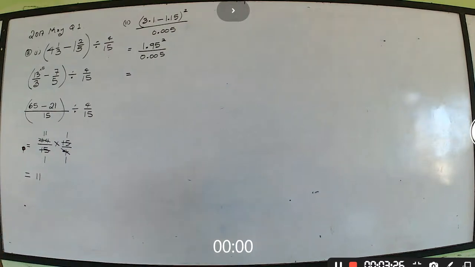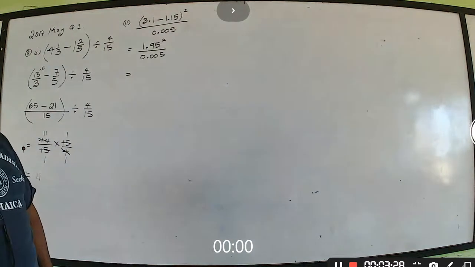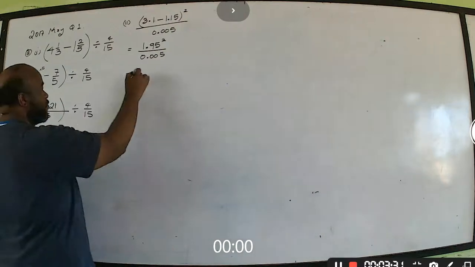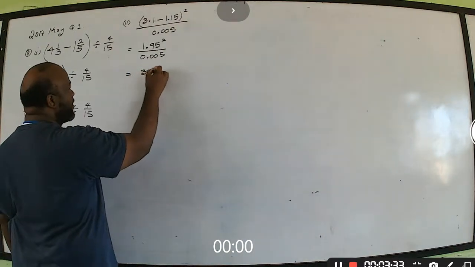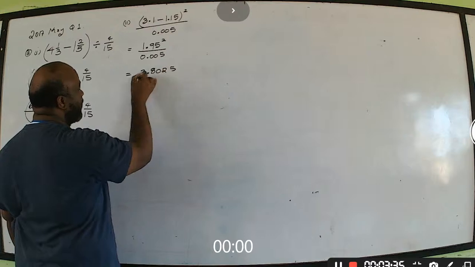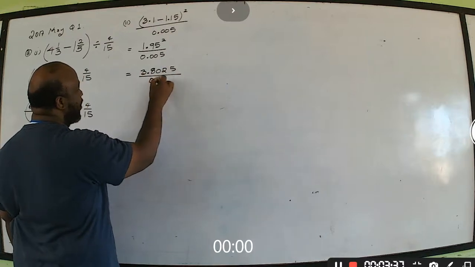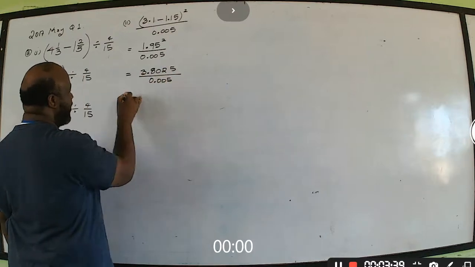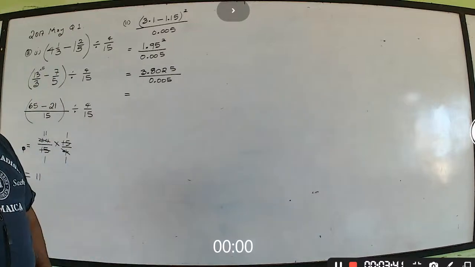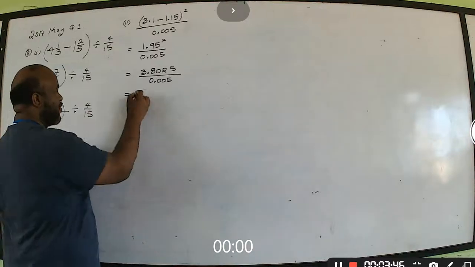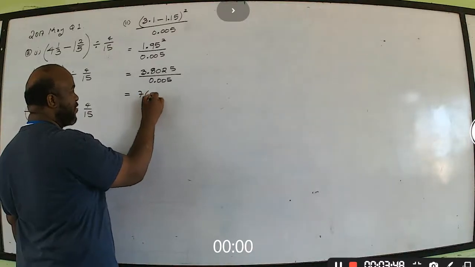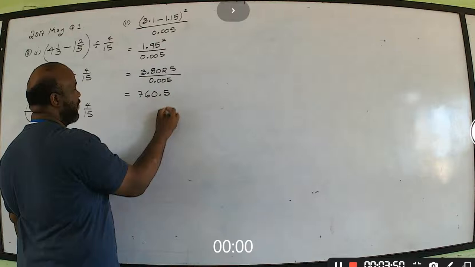Power. What is 1.95 squared? 3.8025. Divide by 0.005. Divide and tell me what you get. 7.5. Did you get it?